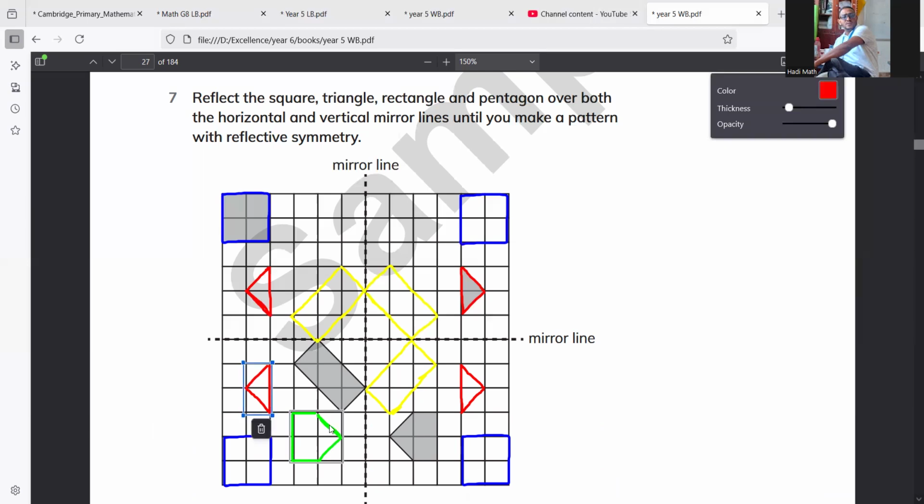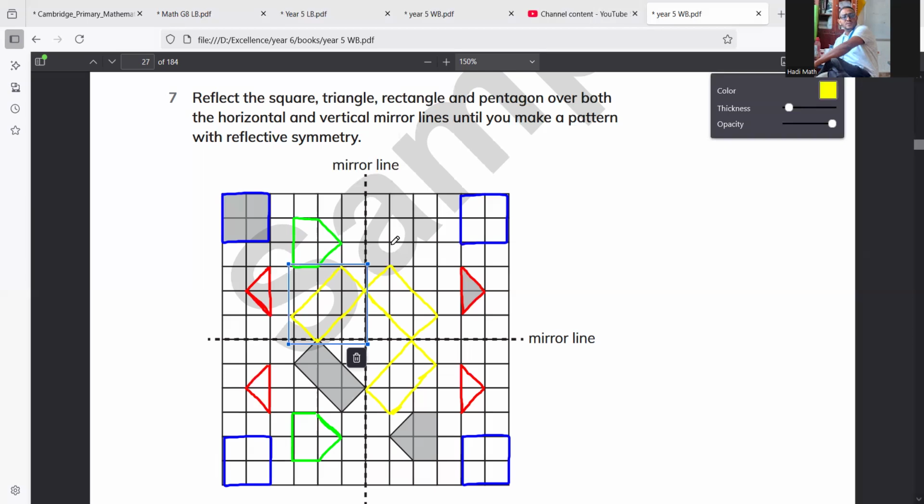Okay, then go to the other part, like you would like to reflect it over there. Go see how far it is, like one, two, three. Go count one, two, three. It is here, this one. Okay, then draw it this way. This is how it looks like.